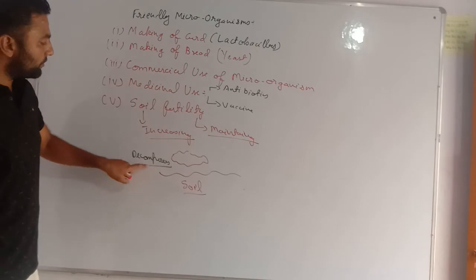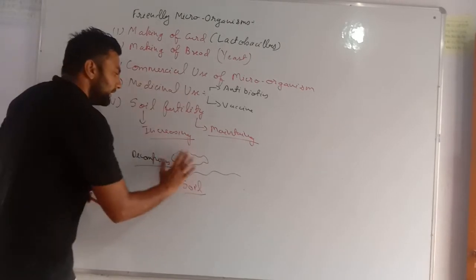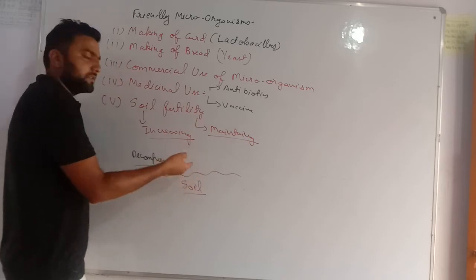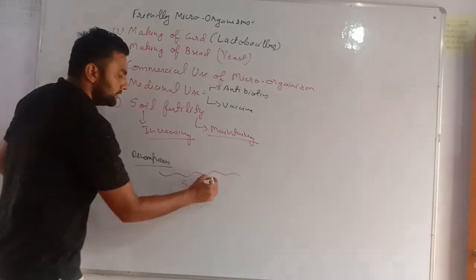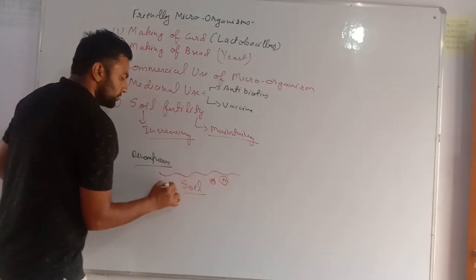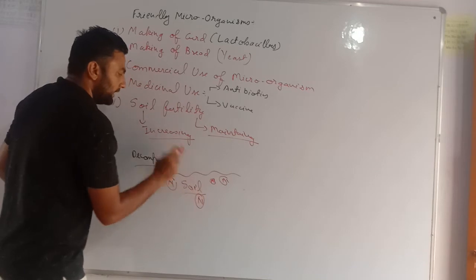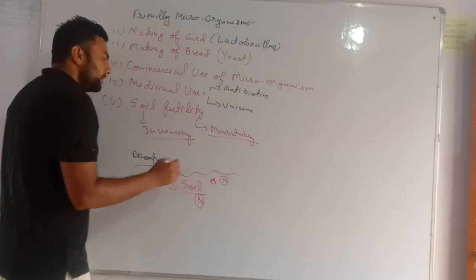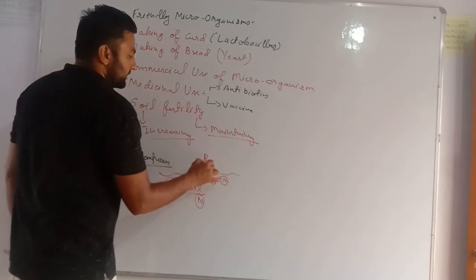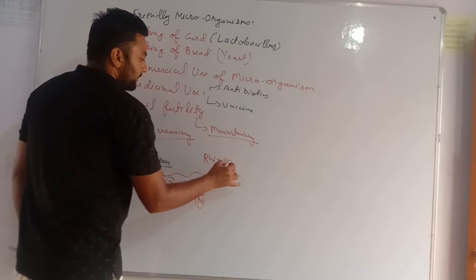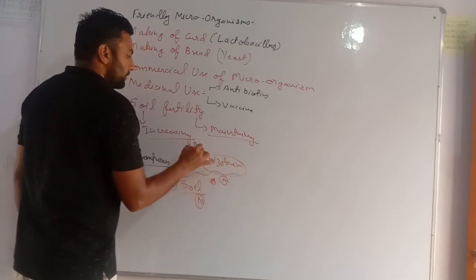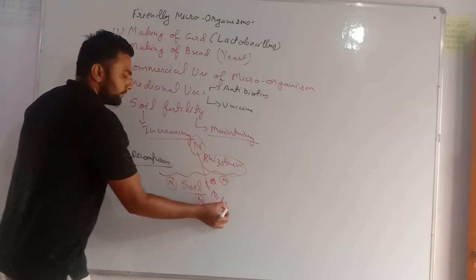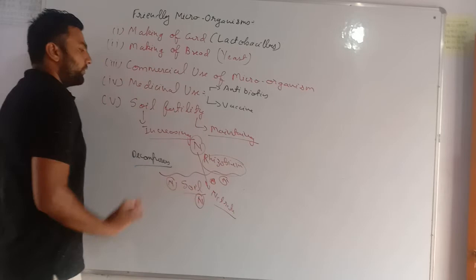These decomposers decompose this material and add the nutrients of this animal waste or dead animal or dead plant into the soil, and my soil fertility will be increased. Moreover, a few microorganisms, especially rhizobium, help to convert atmospheric nitrogen into nitrates and increase the soil fertility.